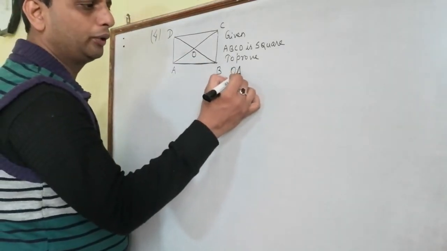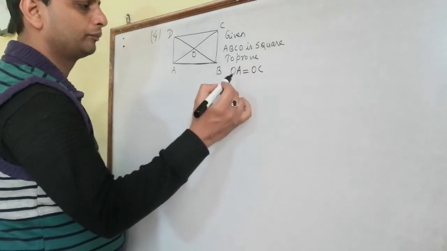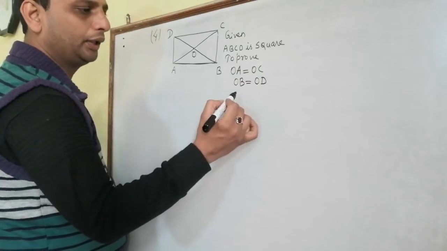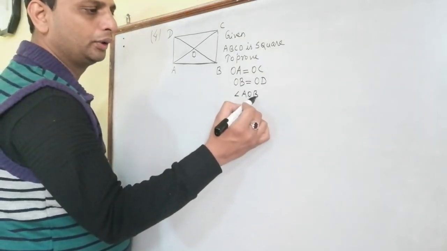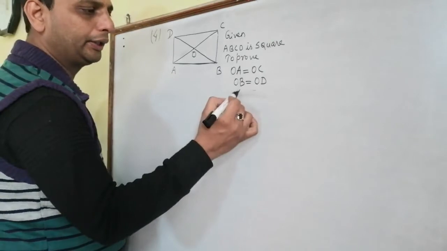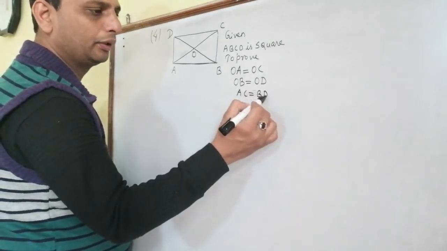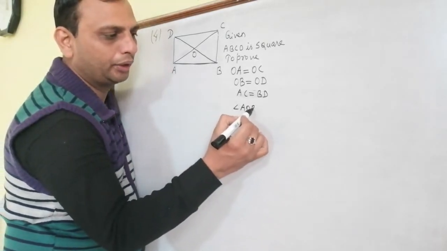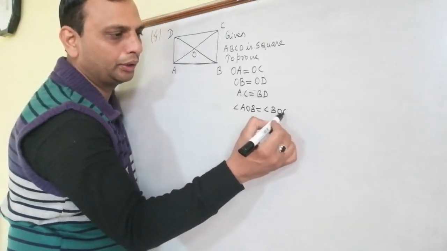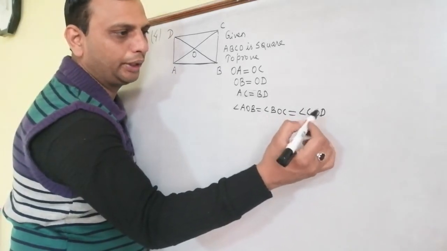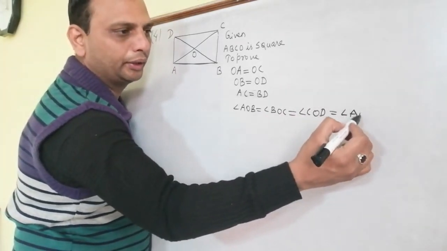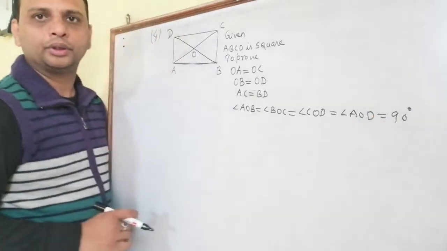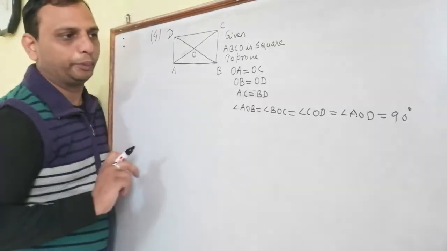We have to prove OA equal to OC, OB equal to OD, and the diagonals are equal, that means AC equal to BD, and angles AOB, BOC, COD, and AOD are 90 degrees. We have to prove this much. So first we will start with AC equal to BD.